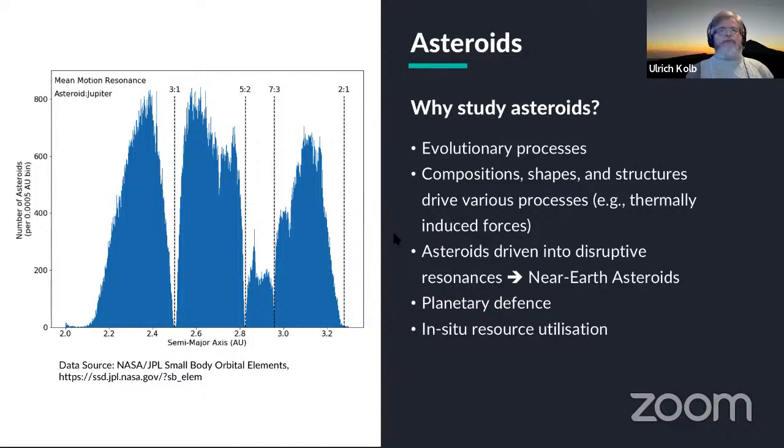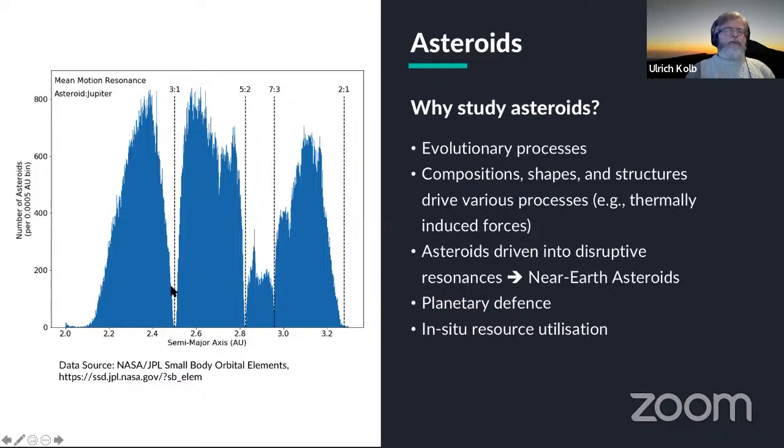More specifically, if you look on the left-hand side, and you will have seen this perhaps many times, this plots the number of asteroids against their semi-major axes, and most of them sit between 2 and 3 AU.